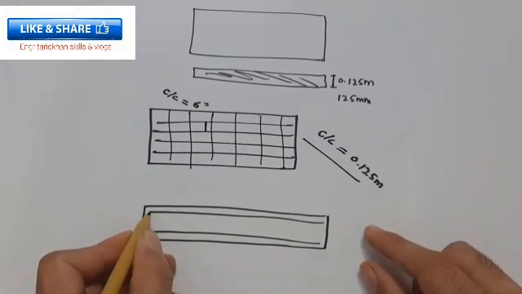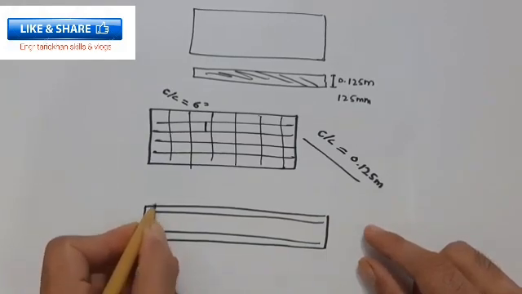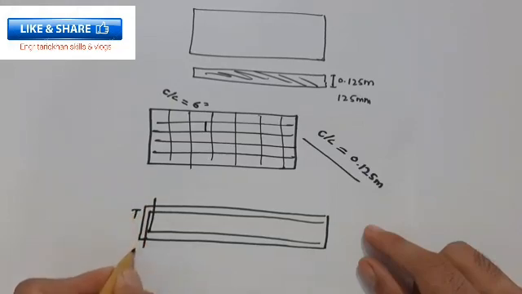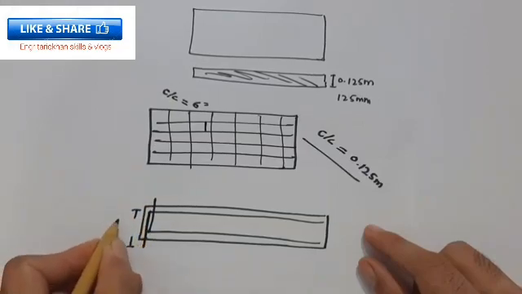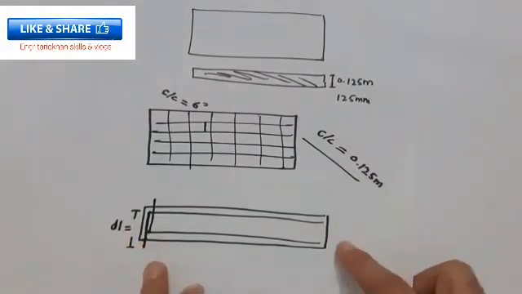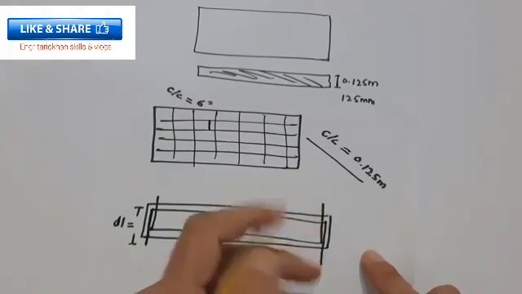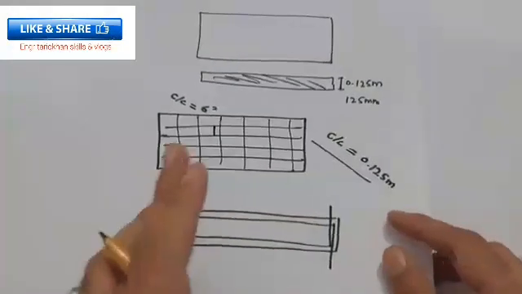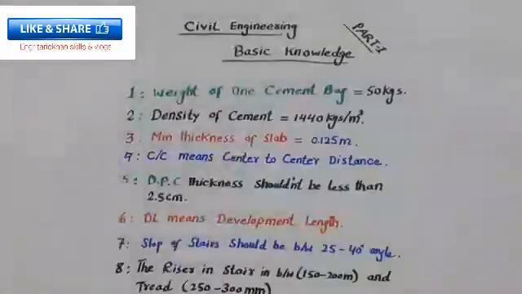This one steel is coming to the downside and this one is going to the upward side. From here to here, this length is called DL, development length, which makes a good bond between steel and concrete. So at the end we are providing these.